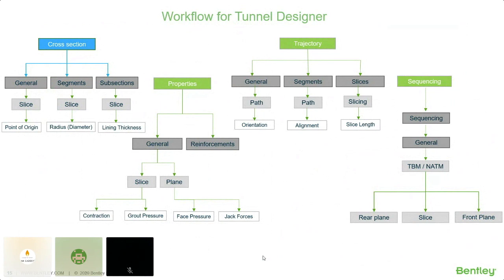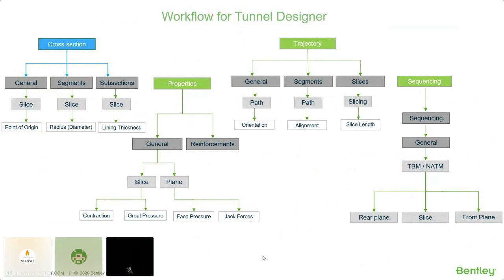So a tunnel is inherently a 3D problem. It involves various processes such as excavation cycles, application of face pressure, grouting of the gap between the lining and the tunnel wall, and installation of the tunnel lining. So the tunnel designer in 3D has four submodes.